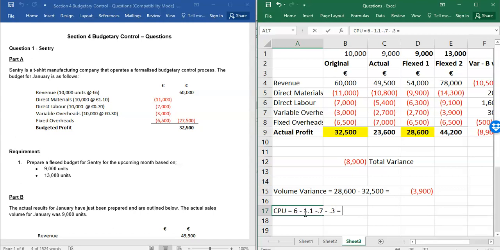So every unit sold has a budgeted contribution of 6 minus 1.8, 2.1, 3.9. So this is where it comes from. And because you sold 1,000 units less, it's 1,000 times 3.9. So you're losing 3,900 contribution to profits because you sold less volume. So the area of CVP is linked to this idea: you lower the volume, you lower the profits.